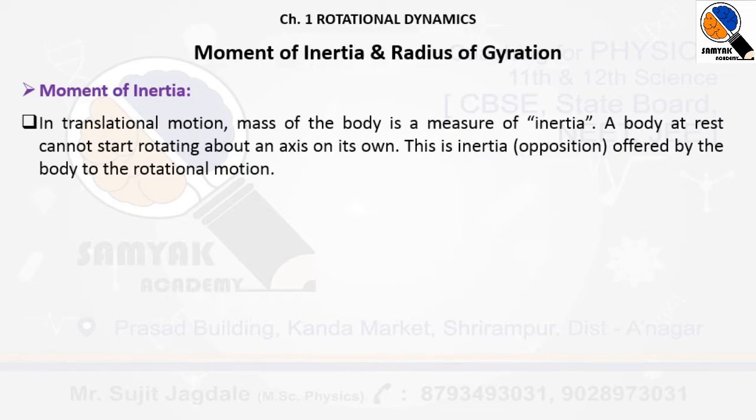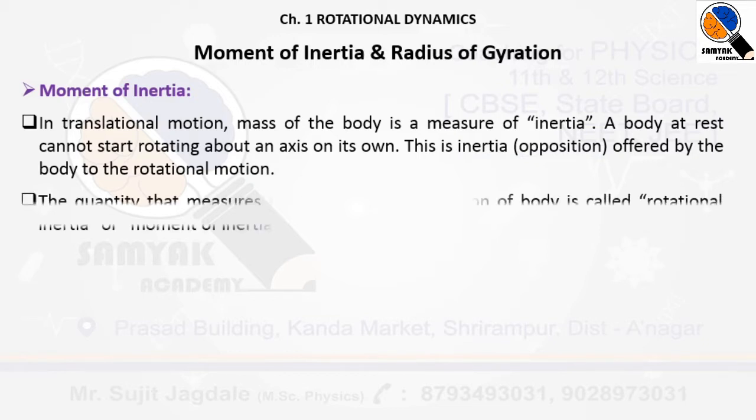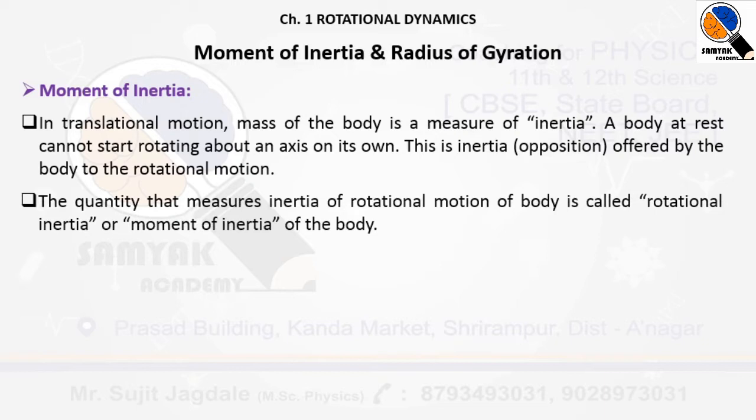So thus the quantity that measures inertia of rotational motion of a body is called rotational inertia or moment of inertia of the body. So here we are going to use the word moment of inertia. Maximally we are using the word moment of inertia. So here we have to consider moment of inertia.